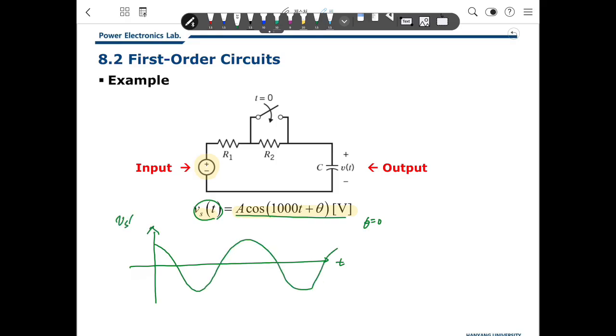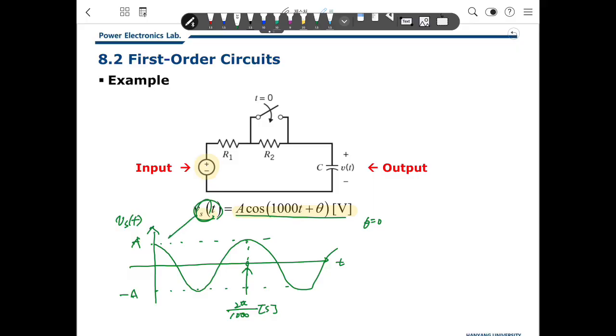This is Vs of t, and that value is A, that value is minus A, and the period is about 2 pi divided by 1000 seconds here.